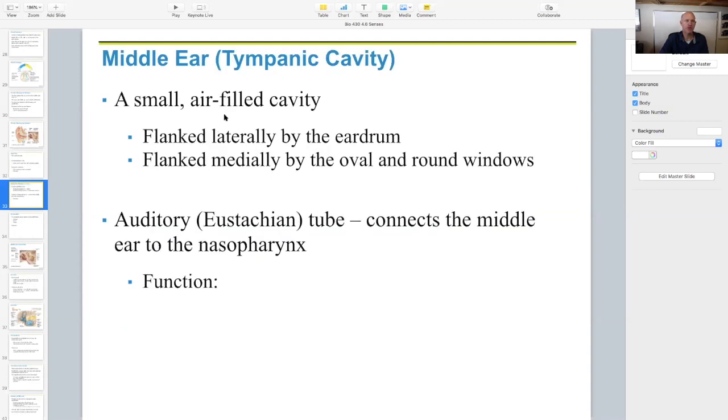Okay, that middle ear is flanked laterally by the eardrum, medially by the oval and round windows, which we'll look at in a moment, and then at the inferior aspect, we have the auditory eustachian tube. The function of this is to create equal pressure between the external ear and the middle ear so that the eardrum, the tympanic membrane, can move optimally to transfer that energy into those small bones.